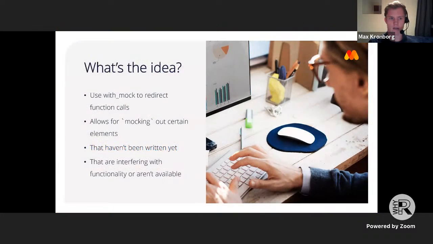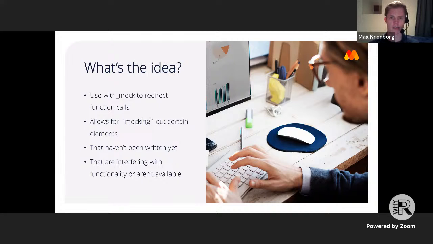So first off, what's mocking? The basic version is the with_mock function, which lets you redirect function calls. You can specify a function so that whenever the next code runs into it, it will do something else. So you can effectively mock out elements of your code, or if need be, someone else's code.